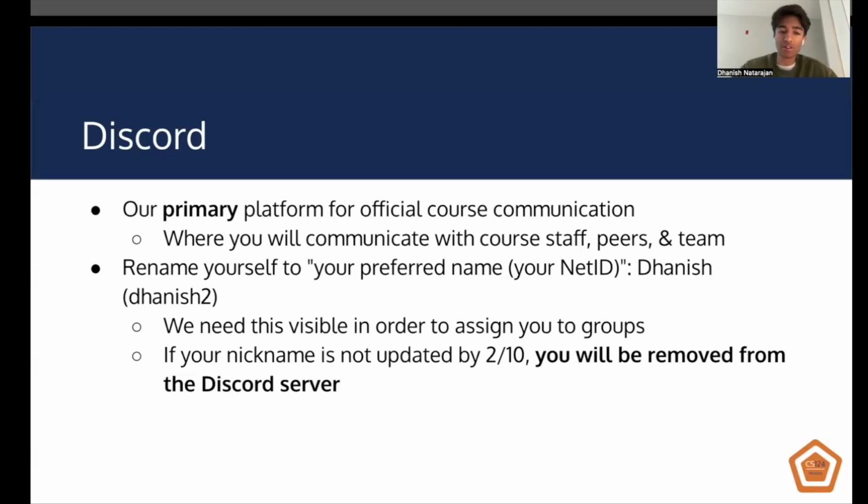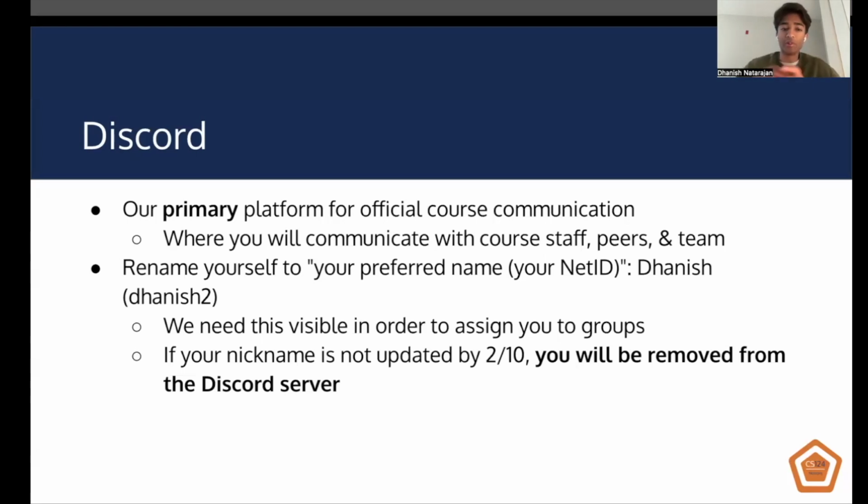So as I mentioned, Discord is our primary platform for official course communication. This is where you can interact with staff, other students in your team, and other students in this course as well. Now, the first thing you want to do when you join the Discord server is rename your nickname to your name and your net ID in parentheses.